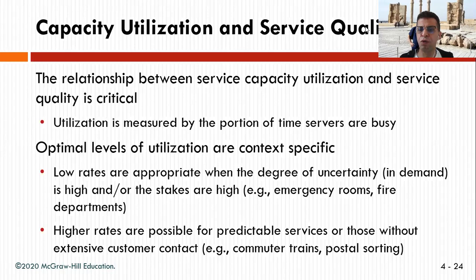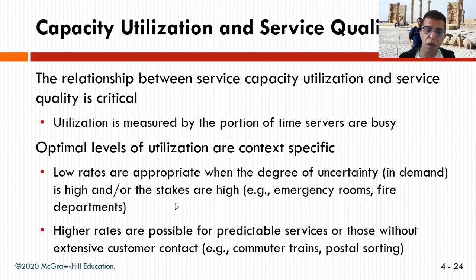But if you wait a lot, they are not effective. If they have lots of people, then they are not doing good capacity utilization. But if they have exactly the number needed for providing the service, they're doing very good capacity utilization.